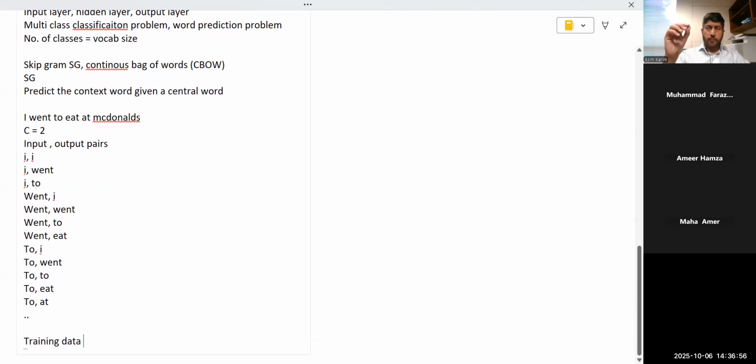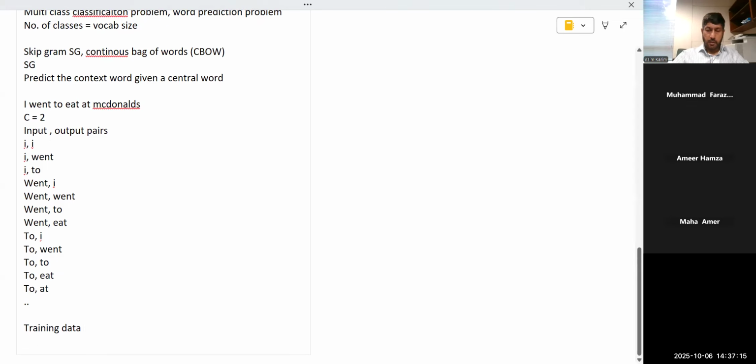So remember, a classification problem is a supervised classification problem. By the way, classification is a supervised learning problem. So you need labels, input-output pairs are needed, okay? But in this particular application, you don't need any external labels. Labels are not required, or human annotation is not required.